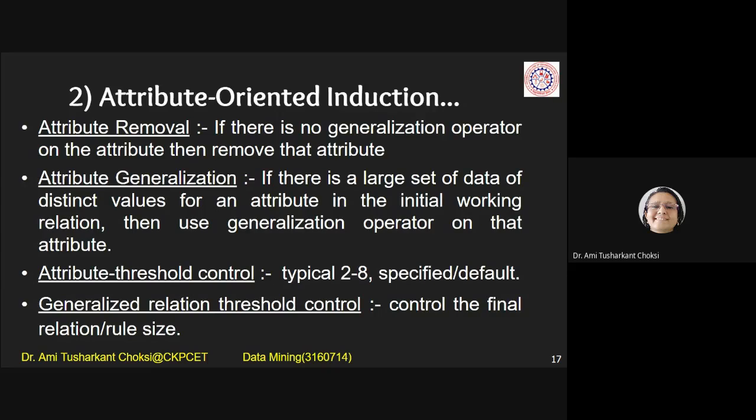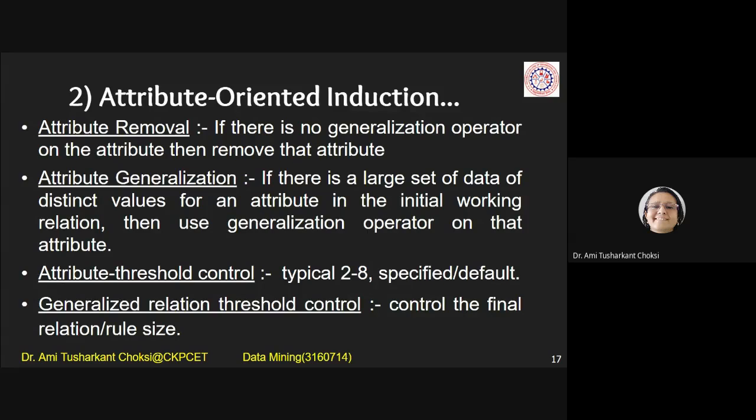That means some threshold is given to you, and then we will be able to remove something, or we can say we'll consider only those that come within a particular threshold. 2 to 8, that is where say numbers are there, the label is given, say 2 raised to 0, 2 raised to 1, 2 raised to 3, that way, or otherwise whatever is specified by default, right?